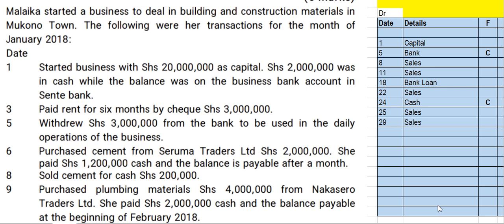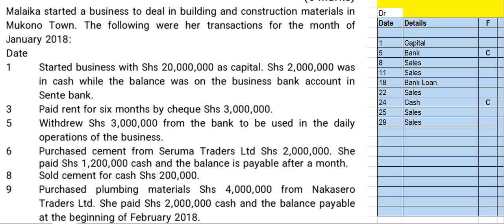Malaika started a business to deal in building and construction materials in Mukono town. The following were her transactions for the month of January 2018. Those are the different transactions of this business. I'll move to the requirements of the question.